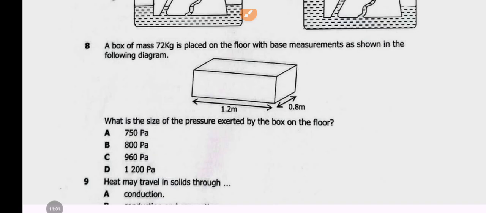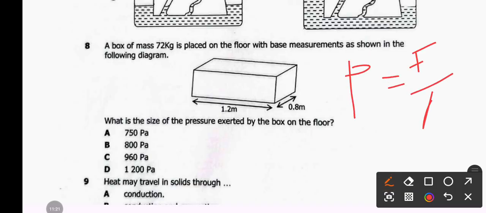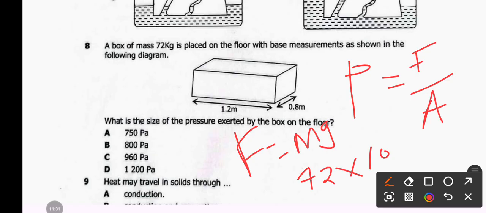Question 8. A box of mass 72 kg is placed on the floor with base measurements as shown in the following diagram. What is the size of the pressure exerted by the box on the floor? Right. Pressure is given by force over area. So in this case, the force will be equal to mg, which is basically 72 by 10, right?